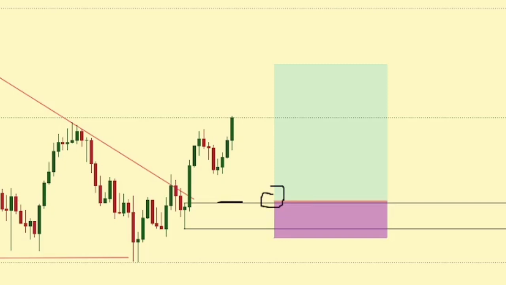Because the risk small and the reward fit big. Your stop loss usually go below the distal line for demand and above the distal line for supply zones. Then you fit target the opposing zone.